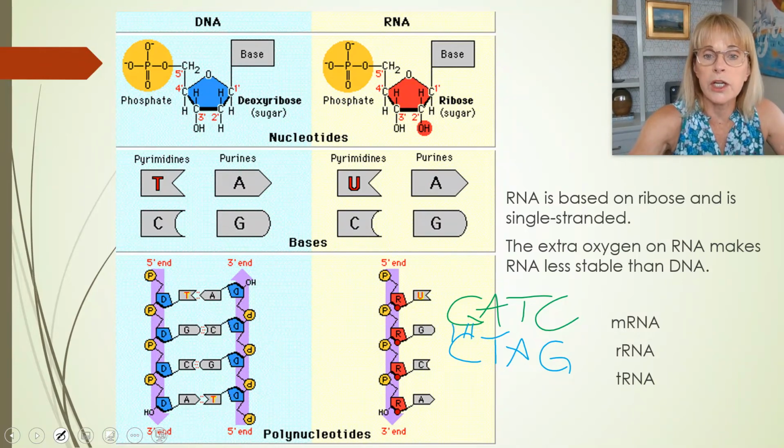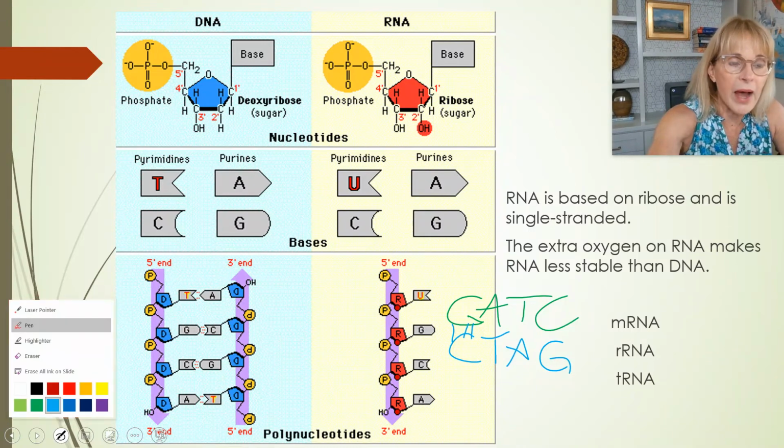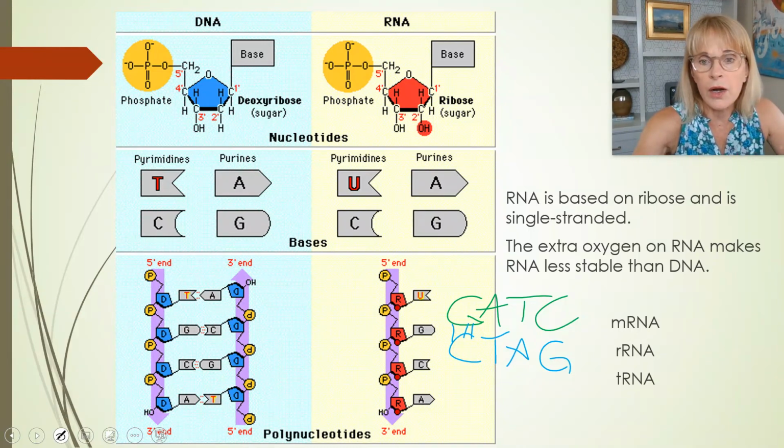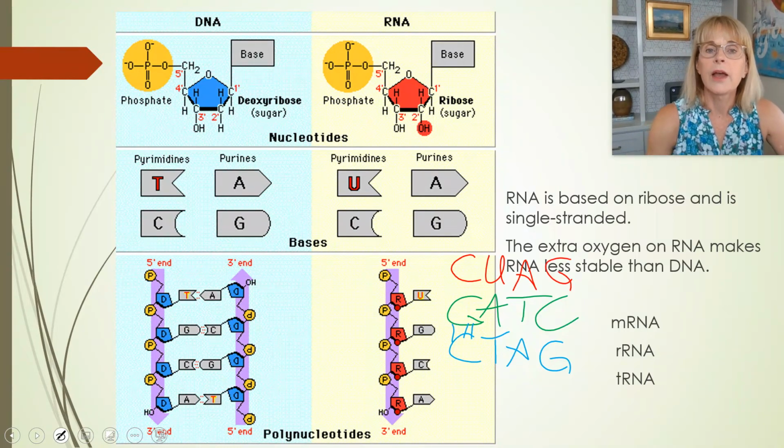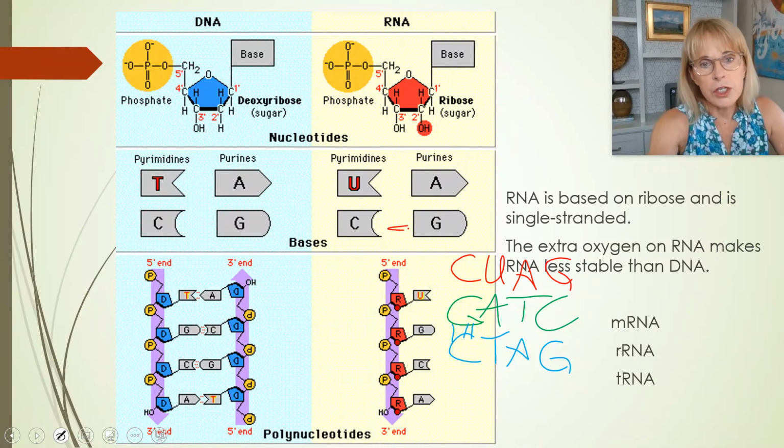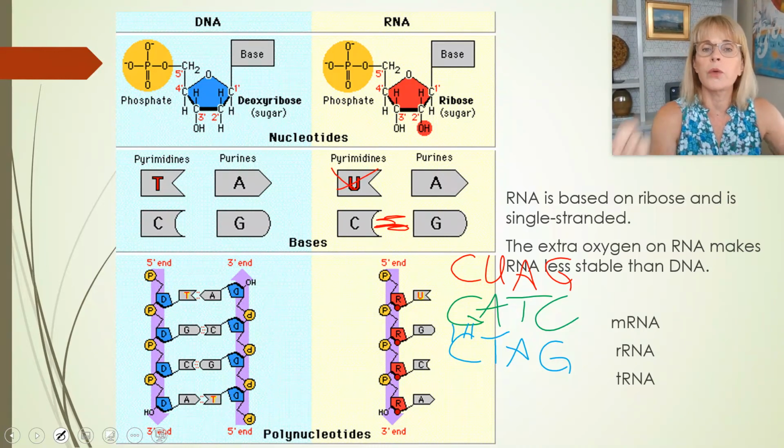Because wherever there's a G, there's going to be a C. Wherever there's an A, there's going to be a T. But for RNA, the complementary would be C, U, A, and G. Because the C and the G still bind together, but now there is no T, so the A goes with the U.